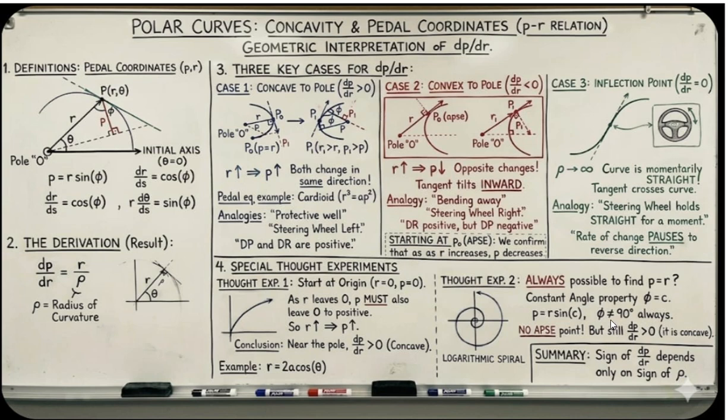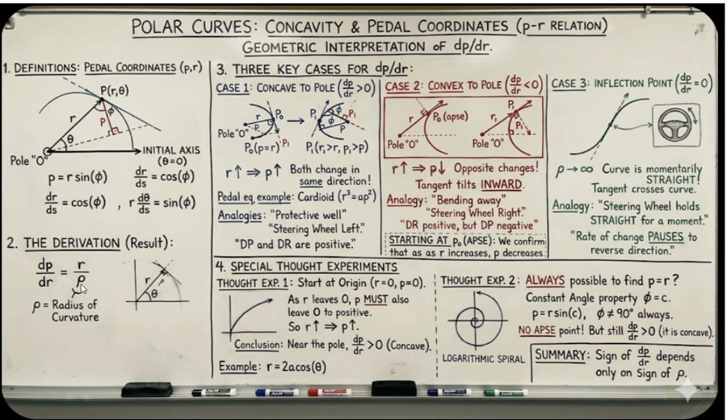But one more thing. We know that the radius of curvature rho is equal to r dr by dp, that is, one upon rho is equal to dp by dr, which is r by p.